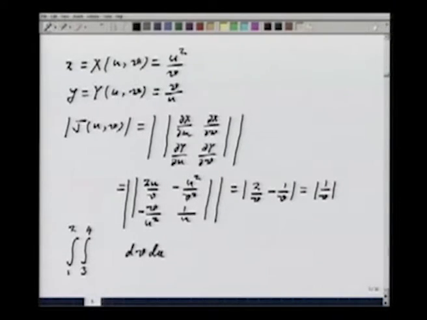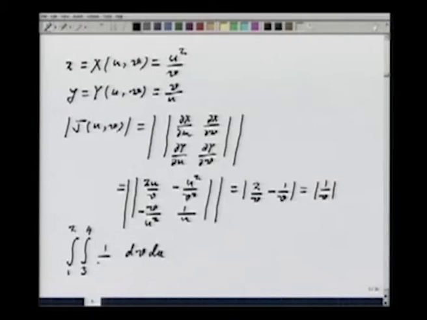Now what remains is the function, but the function is the constant function 1, fortunately. So I don't have to look at the function part. All I need to incorporate is the Jacobian. But the variation of v is from 3 to 4, so v is always positive. So modulus of 1 by v is the same as 1 by v. So I have to integrate this one. Apply Fubini's theorem.